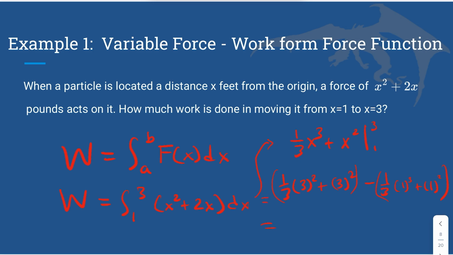I get a total of 50 over 3, approximately 16.67. And we don't have any units because we weren't given any units. So this can be your final answer, or you could have left it as 50 over 3.